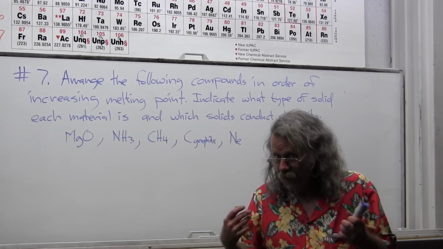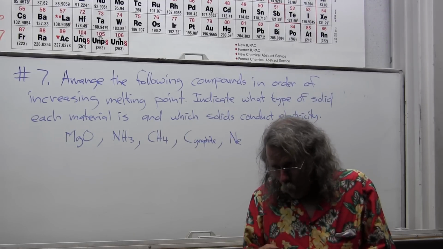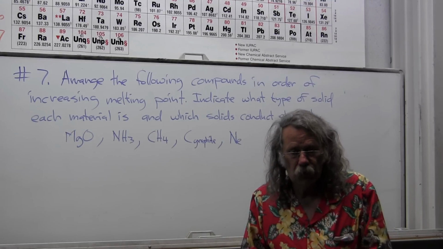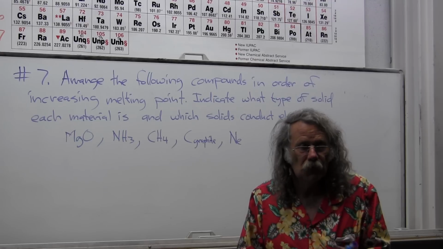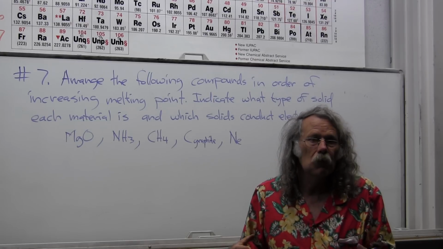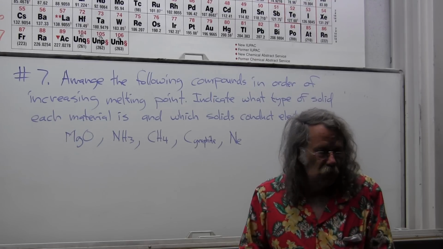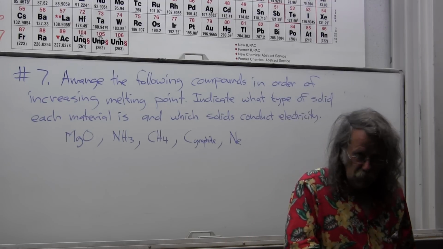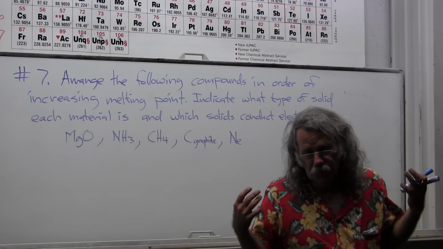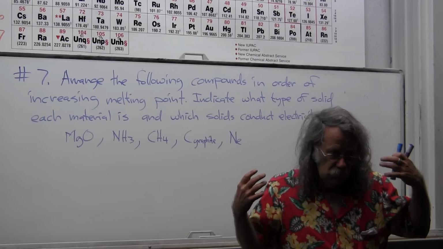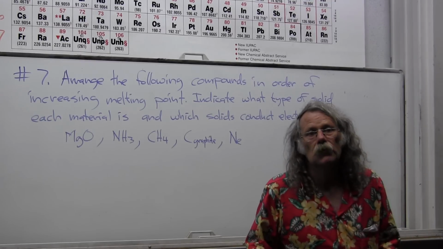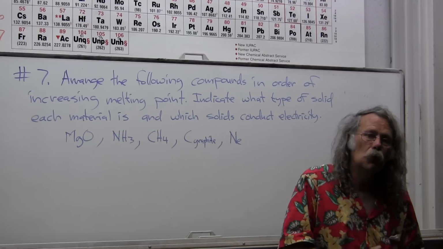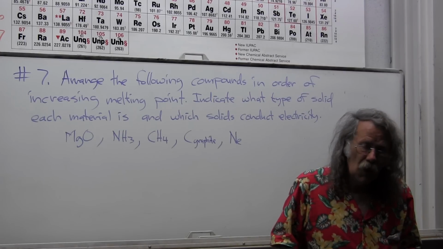Now when we get to the molecular solids, which is going to be the higher melting is determined by which type of intermolecular interactions are present. If there are just London forces present, then it's going to be a very, very low melting material. If there's a dipole present, then it's going to be dipole-dipole interactions, and that's going to have a higher melting point.